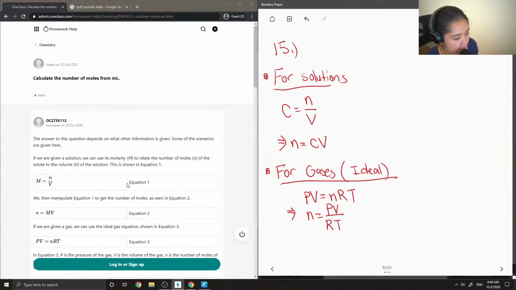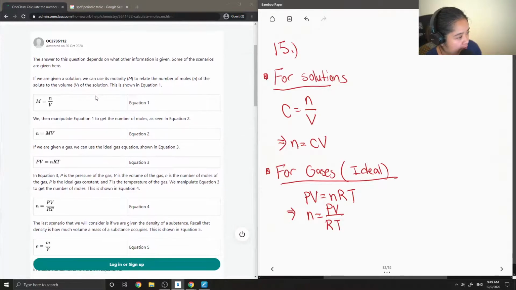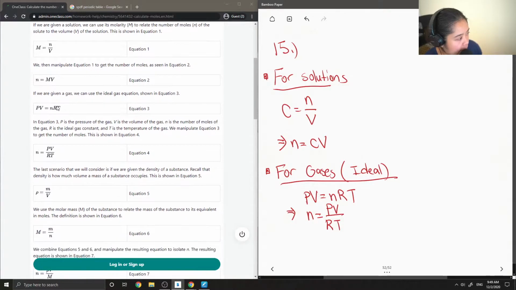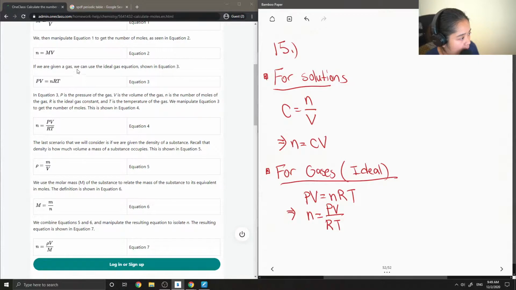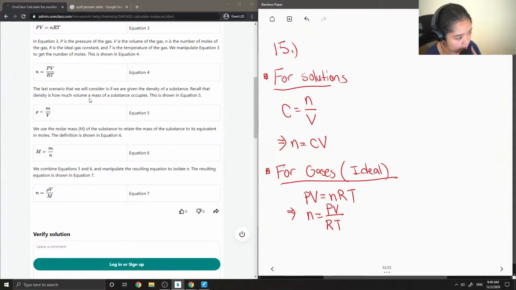Okay, so the junior tutor said the answer depends on what other information is given. If we had a solution, we can use its molarity, also known as concentration, by multiplying by the volume. If we are given a gas, we can use the ideal gas equation shown in equation 3. They also have a scenario if we are given density.